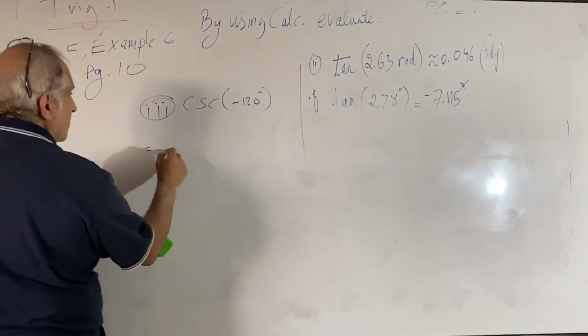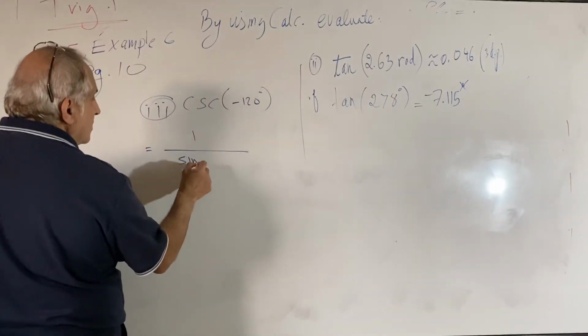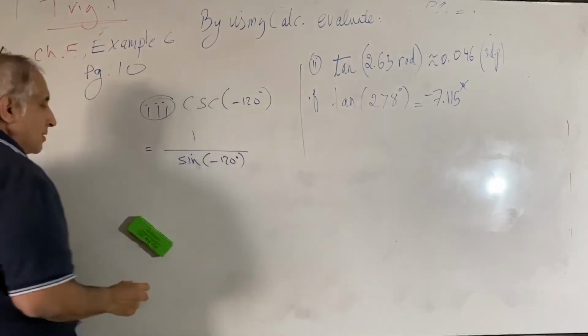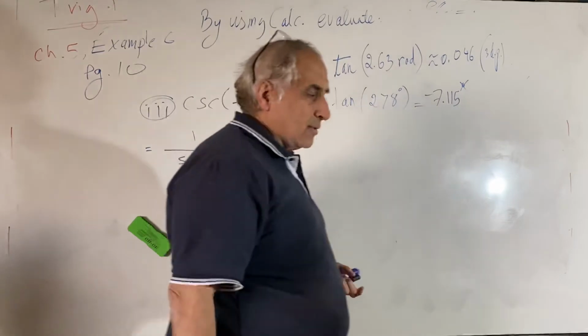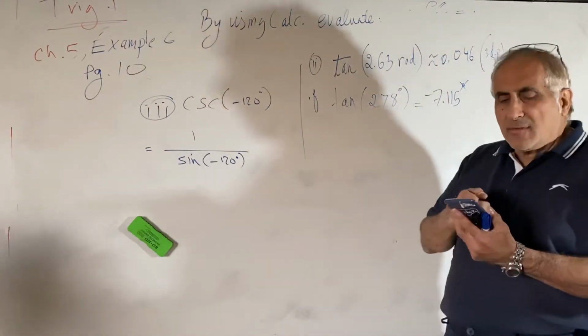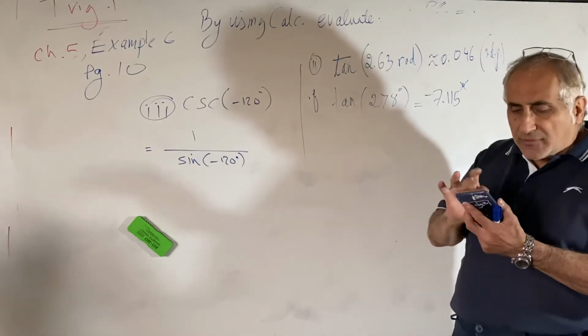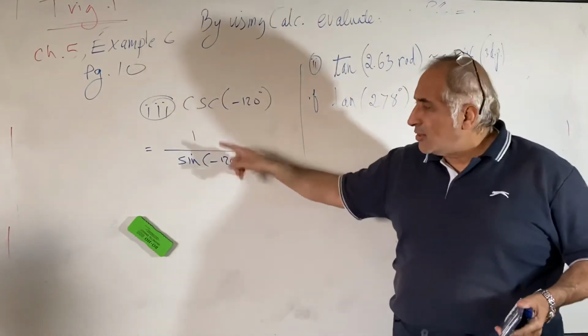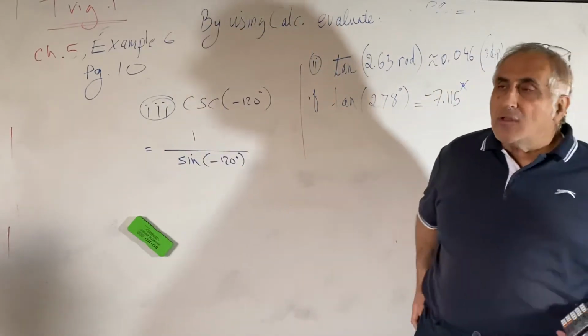Sine. So 1 over sine is the cosecant, and the angle is what? So go to your calculator. Is it in radian or degree? I forgot. So shift mode 3. I'm happy now.